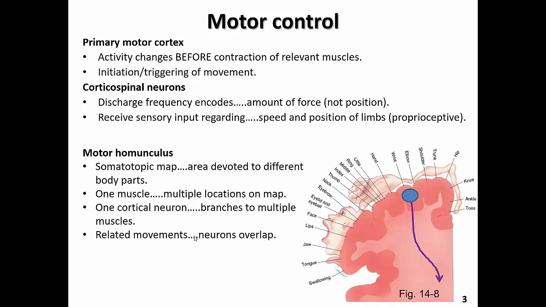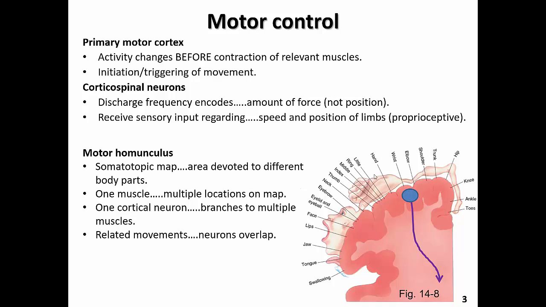For related movements, the neurons will overlap in the cerebral cortex. So if we take a look at the somatotopic map dedicated to the hand, we'll see that the neurons dedicated to this entire limb will overlap because when the hand makes a grip, the fingers will flex, the thumb will flex.